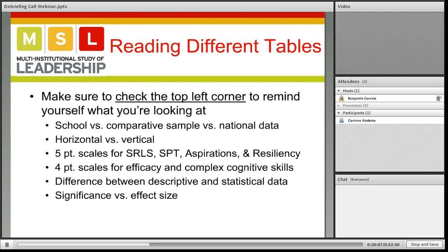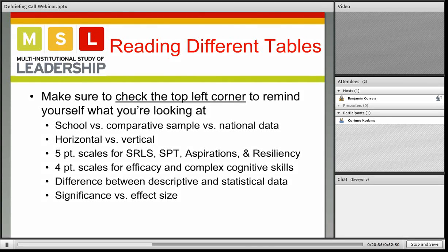Some of the tables read horizontally and some of them read vertically. These are just things to keep in mind. Four of the scales are on 5-point scales, and a couple of them are on 4-point scales. So the results are not directly comparable against each other in terms of number. A 3.5 means something very different on a 4-point scale than on a 5-point scale.